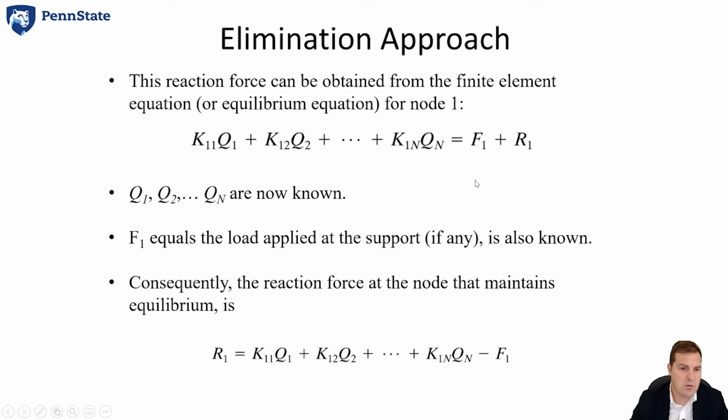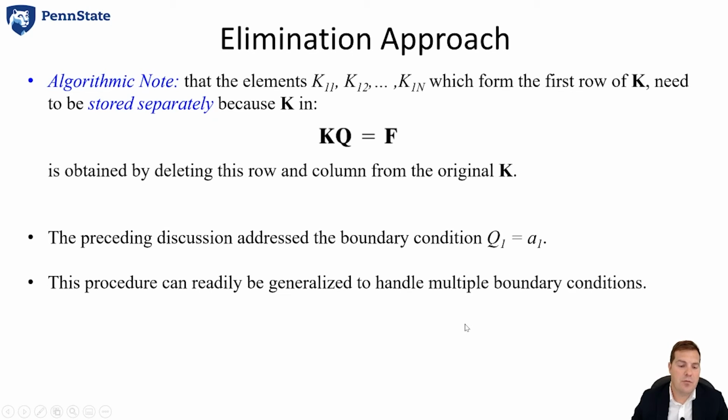It can also be 0, and consequently you can just solve for R. So you just do that, and you're left with a reaction force at the support. As we go through, we're going to get into the algorithmic procedures of this. We're actually going to go into MATLAB and do some examples, and we'll eventually compare it to Abaqus.